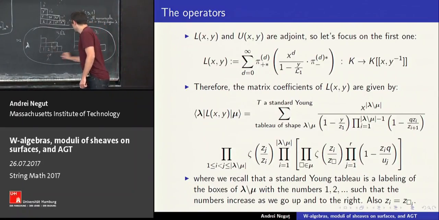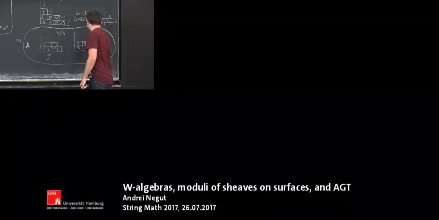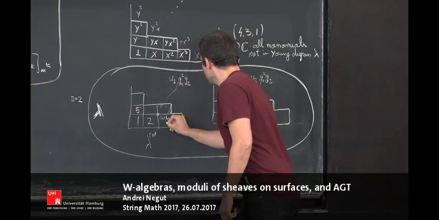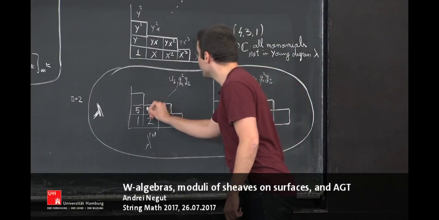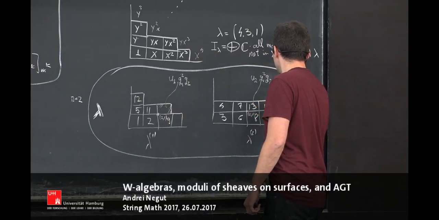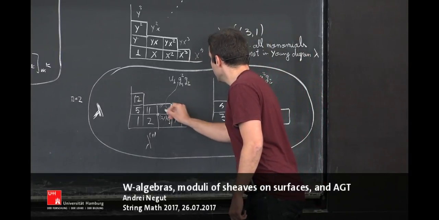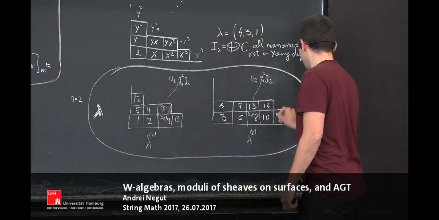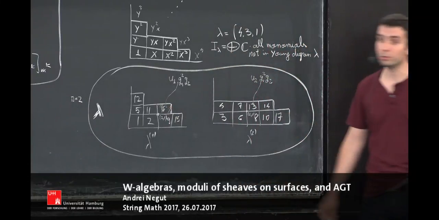You can put 1, 2, 3, 5, 6, 9, 10. You fill it with numbers in a way in which you only increase as you go up and to the right. So this is a standard Young tableau of size equal to 17.